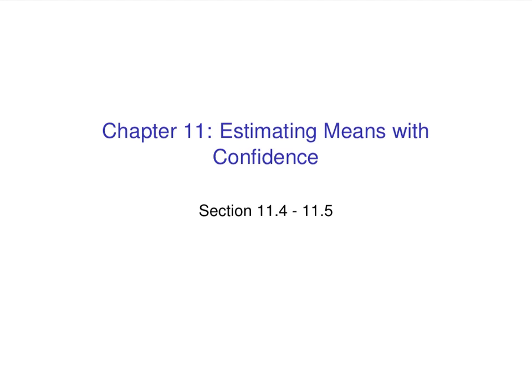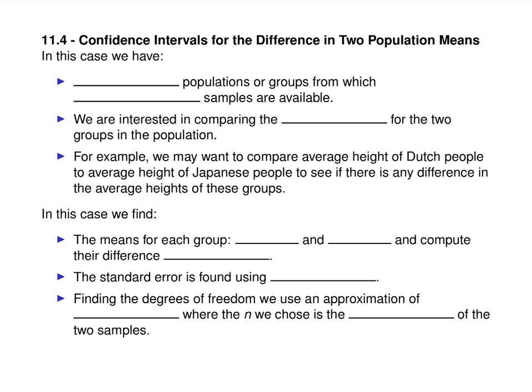So today's lesson focuses on two population means, because we've done the one population mean and the mean of paired differences. In this case, we have two populations instead of just one, or a before and after, where independent samples are available.